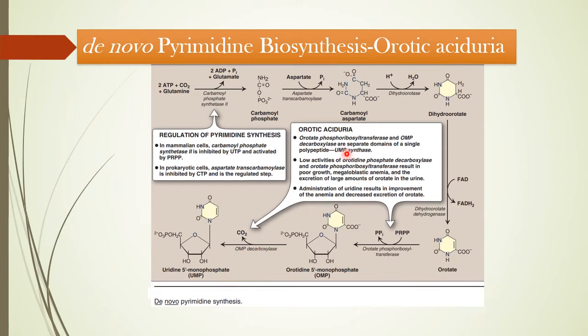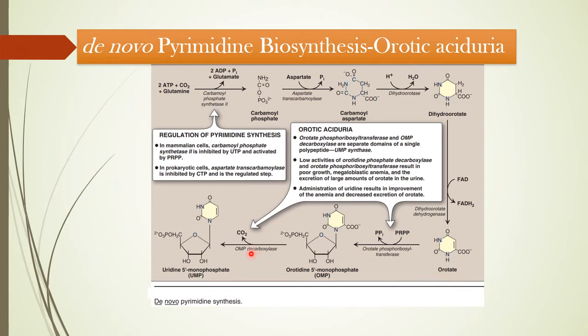So whenever UMP synthase is missing, it may result in excessive levels of orotic acid in blood, causing orotic acidemia, and also in urine, which is called orotic aciduria.